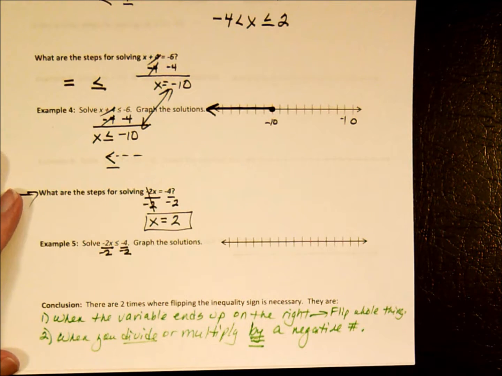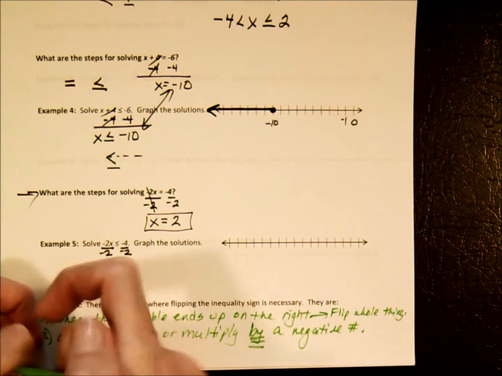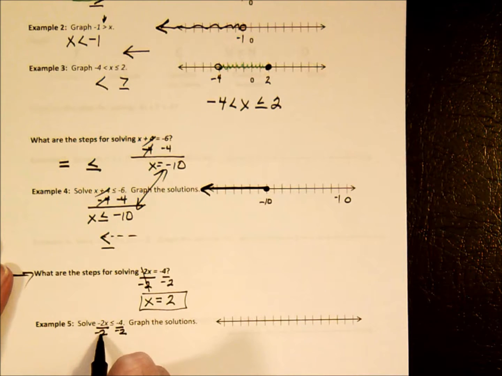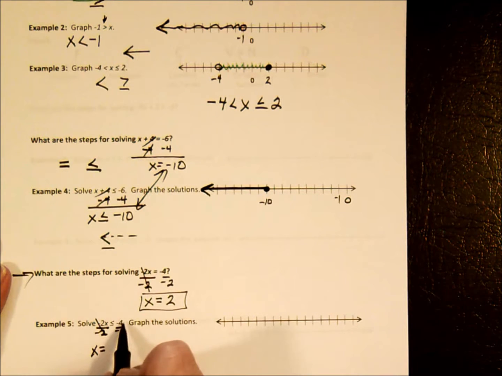When you multiply or divide by a negative number, you have to flip the sign. So I am dividing by a negative. That makes a 1. Oops, I did not mean to put an equal sign there, so hold on. A negative divided by a negative is a positive.